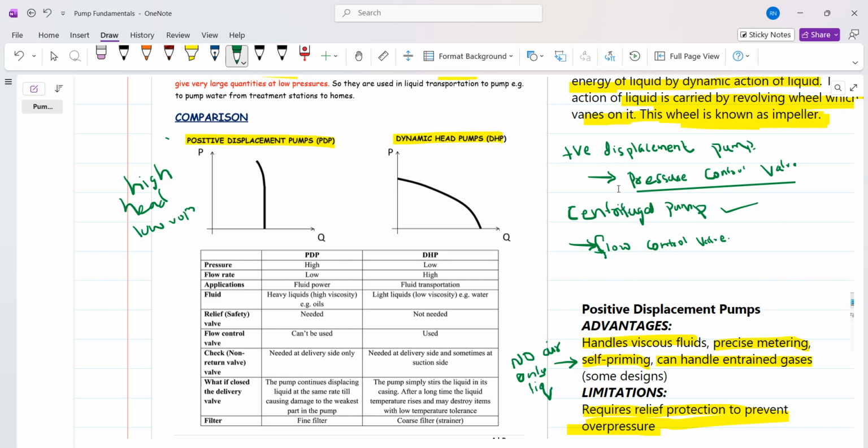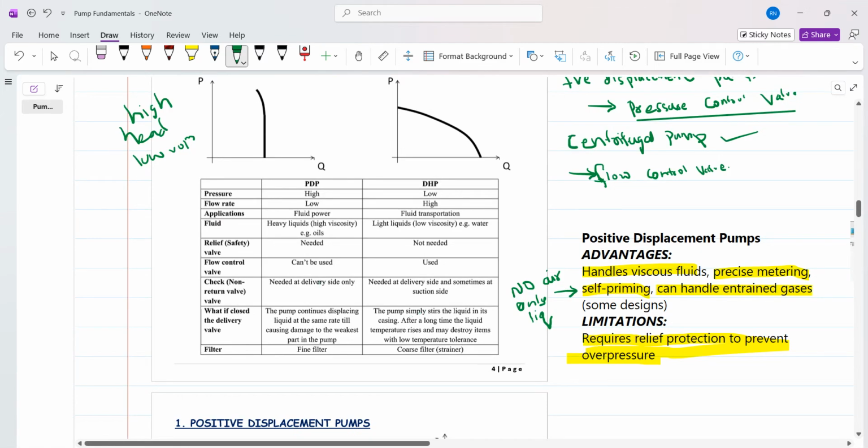It is the process of filling the suction pipe, casing and delivery pipe up to the valve with the water, right?